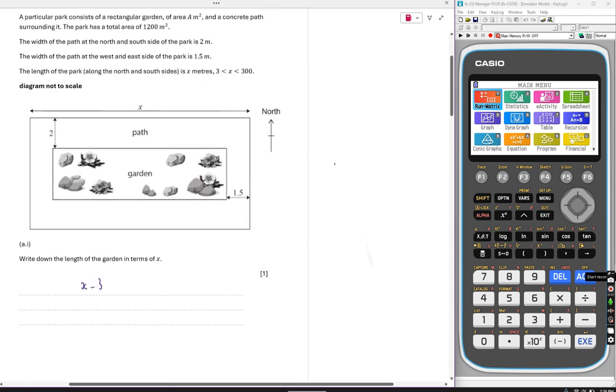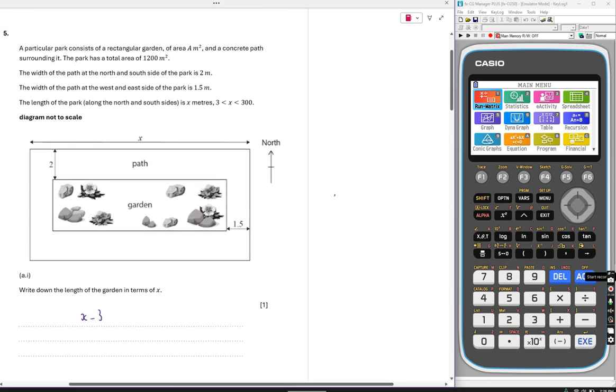So back up to my diagram, the area of the entire park is going to equal 1200. It says up here in the question that it's 1200. And area is length times width.